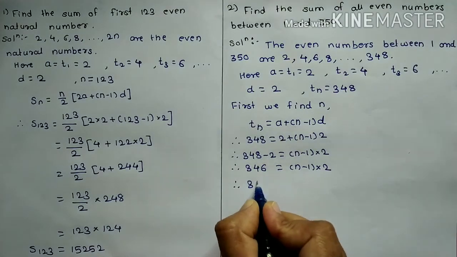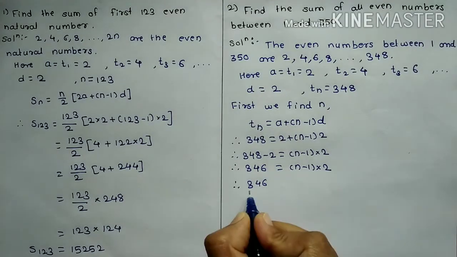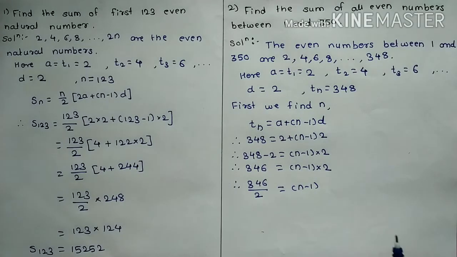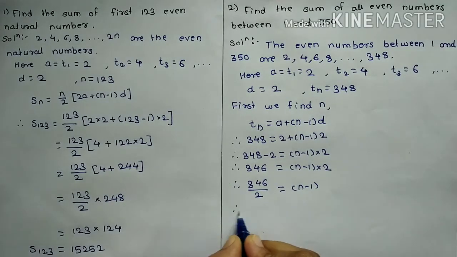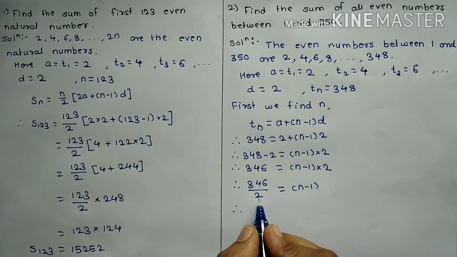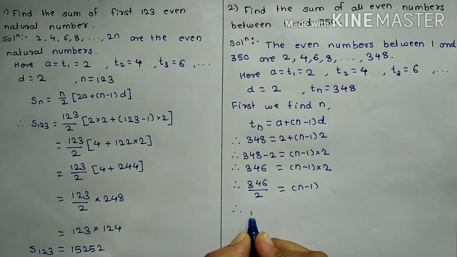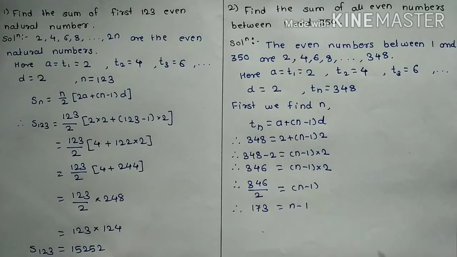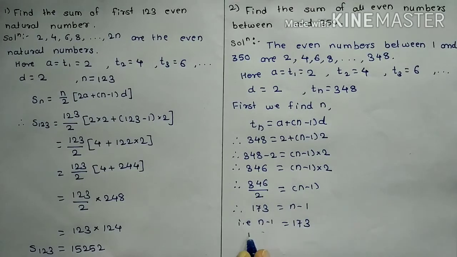Therefore 346 divided by 2 equal to n minus 1. Therefore 346 divided by 2 we get 173 equal to n minus 1. That is n minus 1 equal to 173.